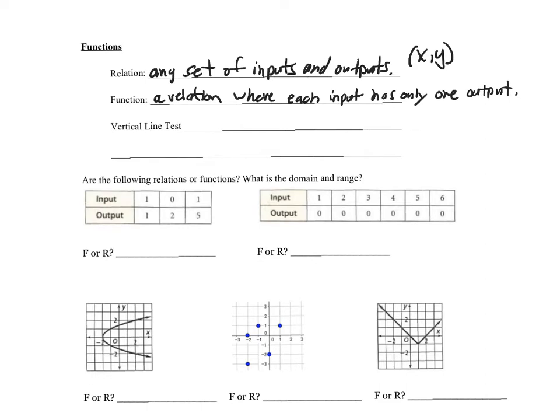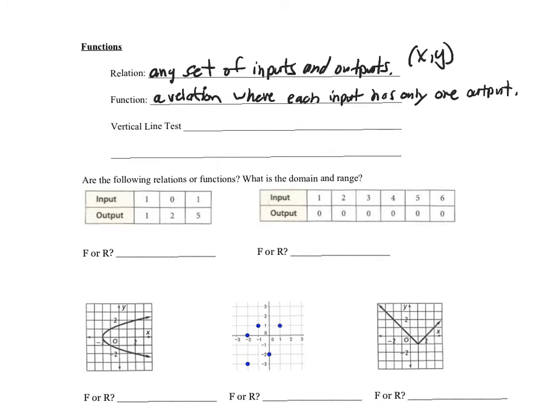So basically, something's a function if every x value only has one y value associated with it. If you have a situation where you have a relation where two of the points have the same x value but different y values, that is not a function.